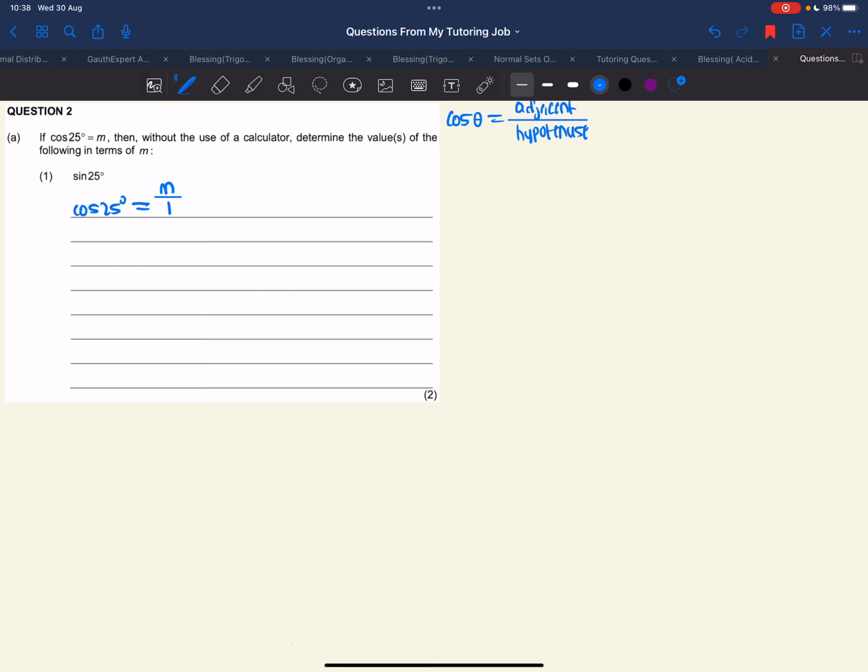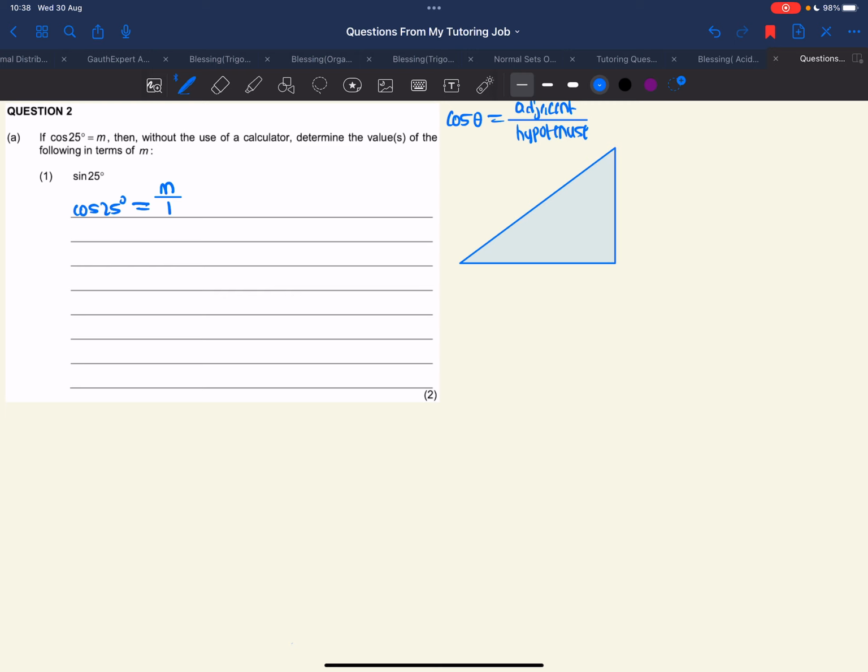Now we're going to need to find the opposite side. To find the opposite side, we're going to have to use the theorem of Pythagoras, because if I were to draw a sketch, I'm going to draw a right-angled triangle, right?